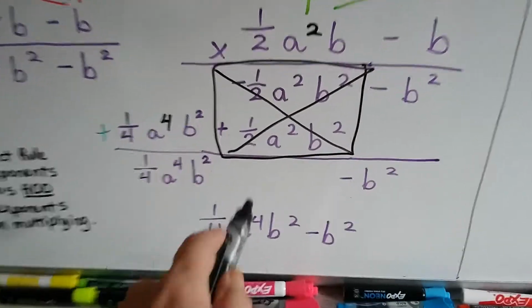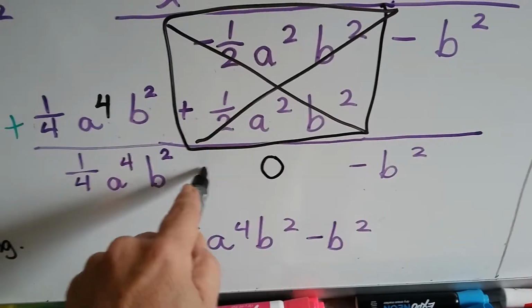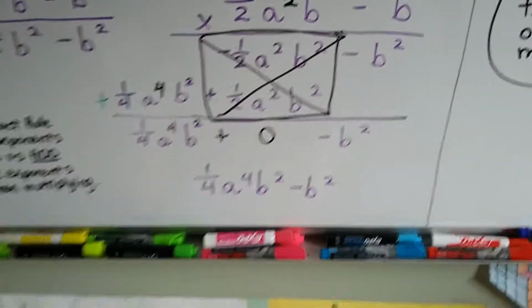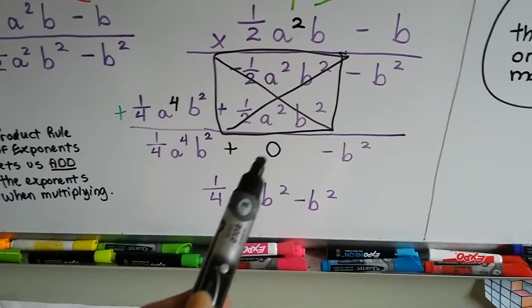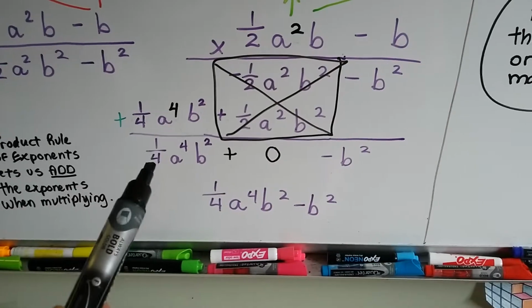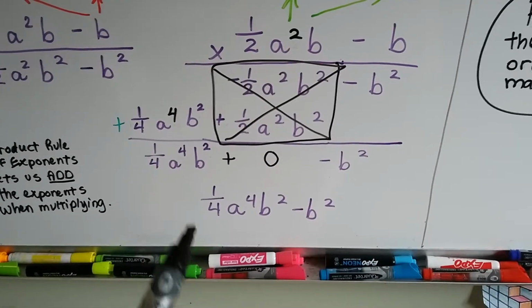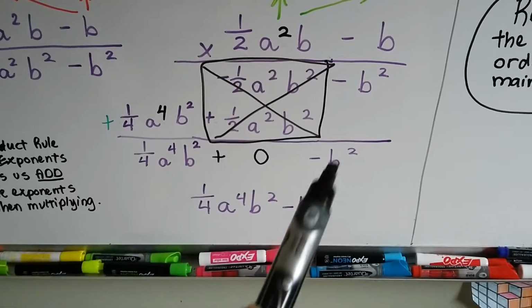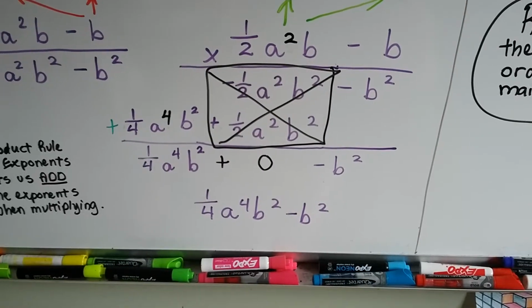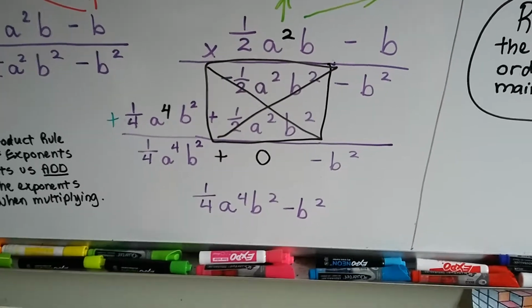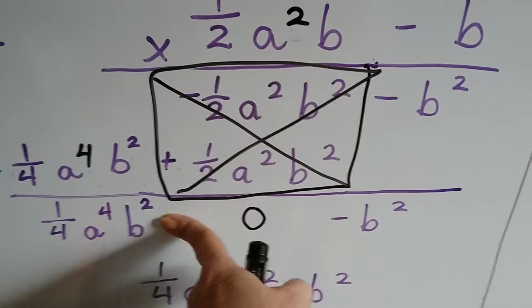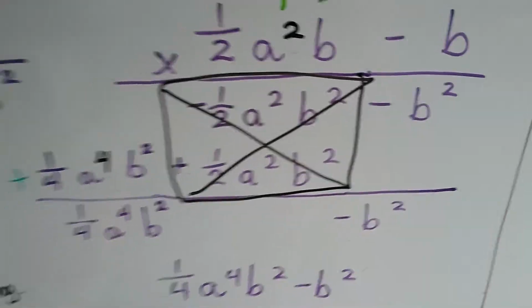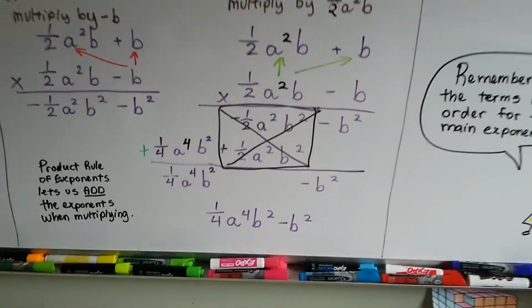So there's actually a 0 here. See? And when we simplify it, we don't need to write the 0. We can just write 1/4 a to the 4th b squared minus b squared. See? So we actually don't have to write this when we're doing 0 pairs. All right? It just got eliminated.